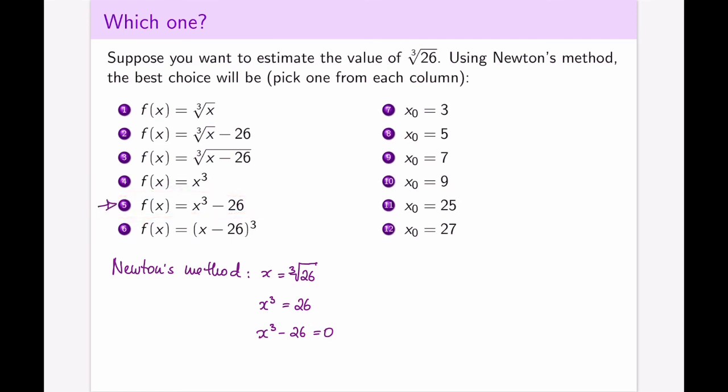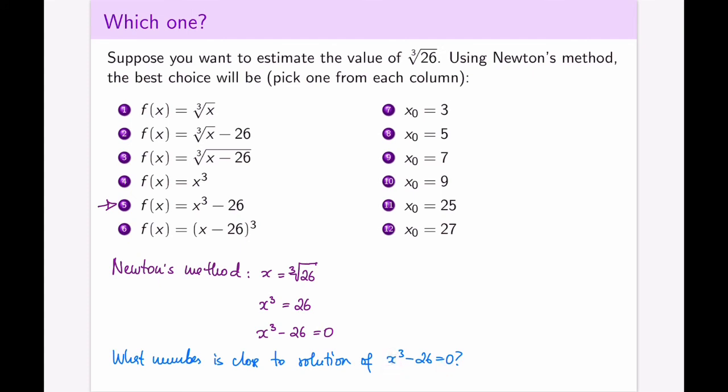Next up, we need to figure out what would be a good initial approximation. In Newton's method, I need to look at this equation and think about what number will be close to a solution. Let me write this down. What number is close to a solution of this equation, x cubed minus 26 equals 0? Well, let's say I plug in 1. 1 is not very close to a solution.